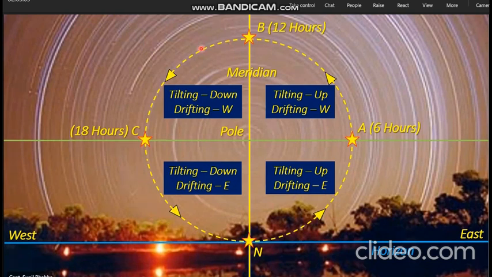So what is the magnitude of tilting, or how fast is the spin axis going up or down? And what is the magnitude of drifting, or how fast the spin axis is going easterly or westerly, can be found using formulas which we will see one by one.